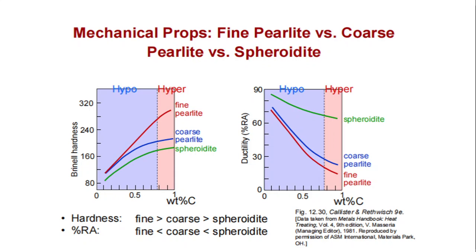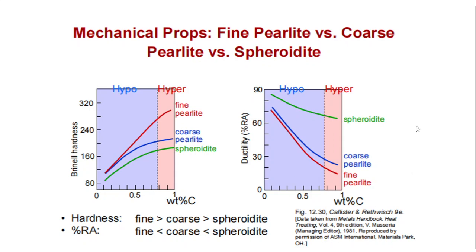So this curve shows how the Brinell hardness varies in the case of fine pearlite, and this is typically for coarse pearlite. You can get a Brinell hardness value around 300 if you have fine pearlite, whereas it is less than 240 for coarse pearlite. The spheroidite microstructure has considerably lower Brinell hardness.